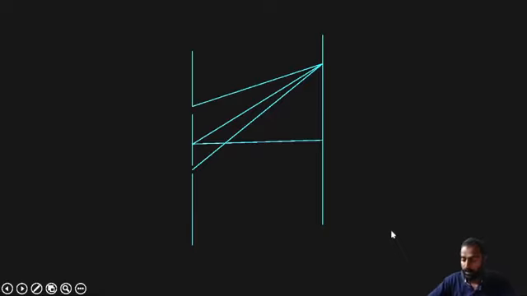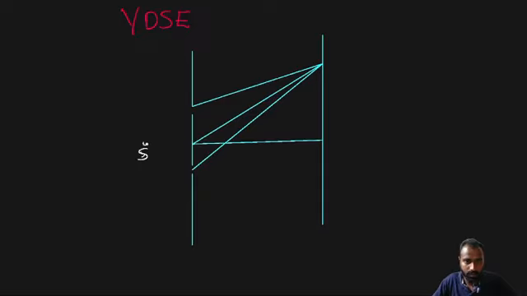Yes, we are continuing that Young's double slit experiment. This is my setup. This is my primary source S, and here a light ray is traveling and reaching this slit, making S1.